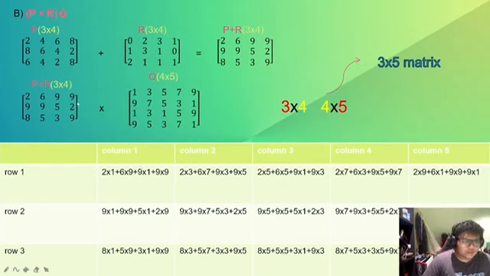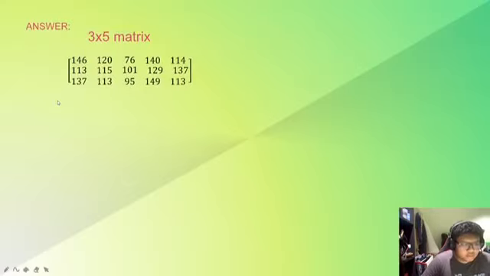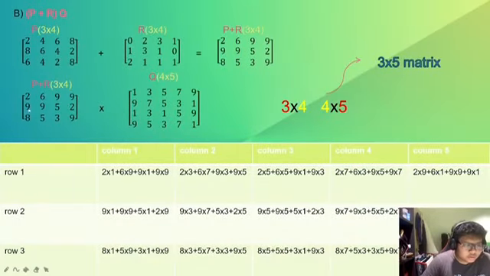Why L? Because as you can see, we take this row, and then this column. So it is an L.